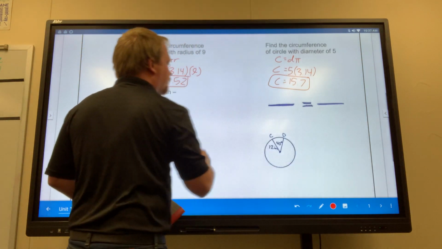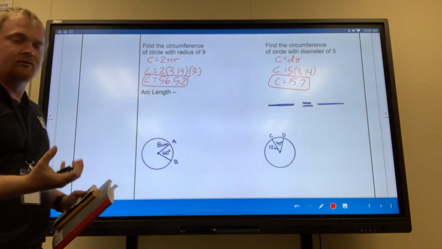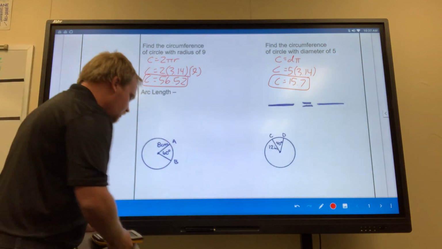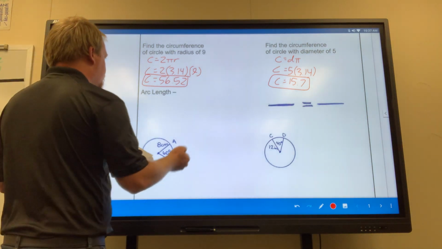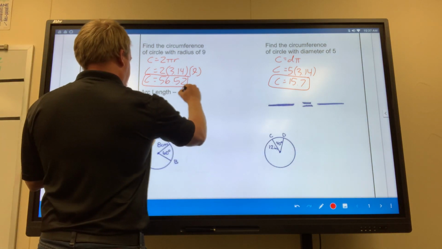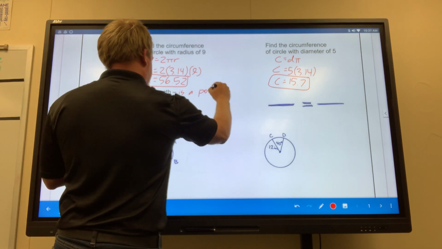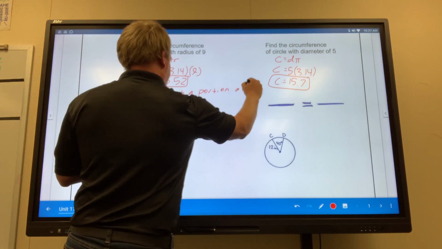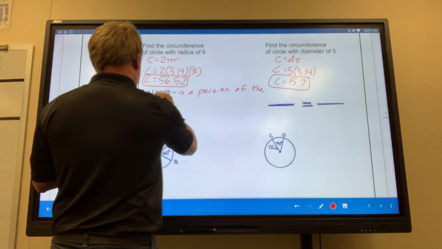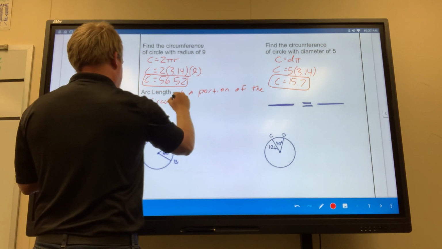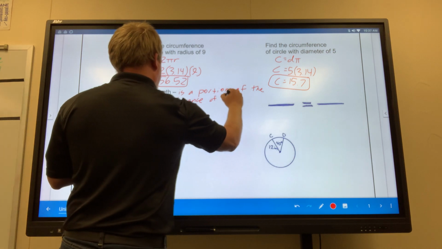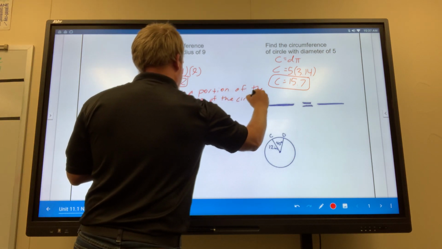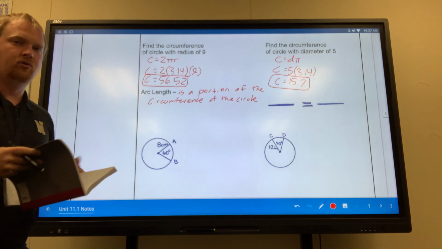Now we're getting to the meat of the lesson, the main point of this lesson, which is the arc length. This is something new, okay? Arc length is a portion of the circumference of the circle. It's just that portion of it.